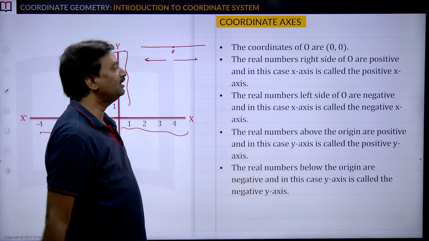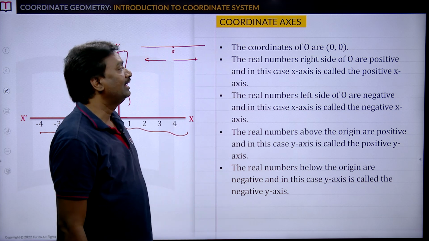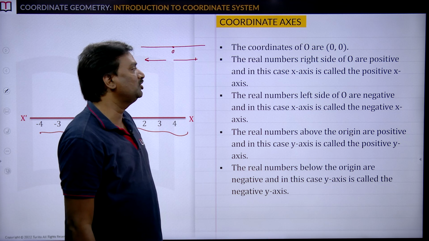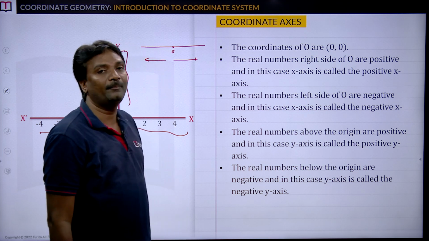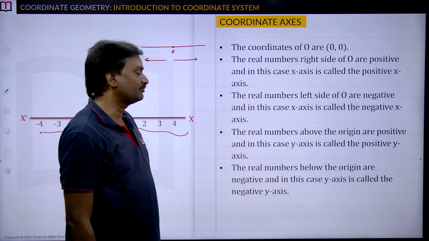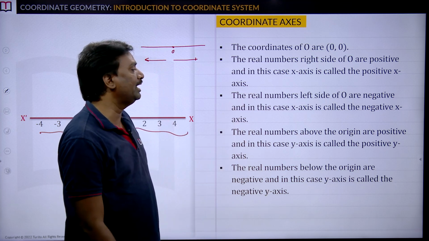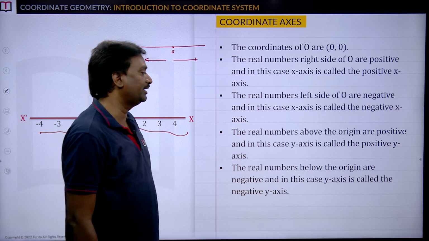So all these points are very important. The coordinates of O are 0 comma 0. The real numbers to the right of 0 are positive, and in this case the x-axis is called the positive x-axis. The real numbers to the left of O are negative, and the x-axis is called the negative x-axis.